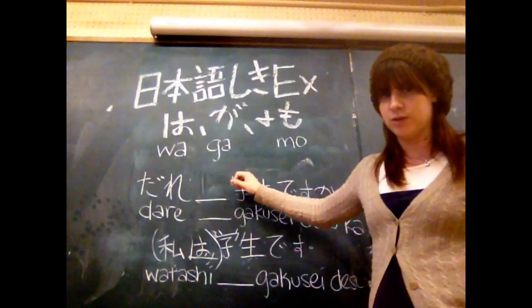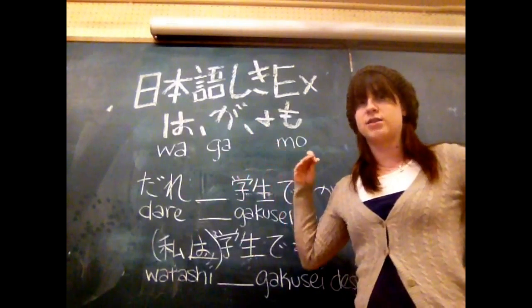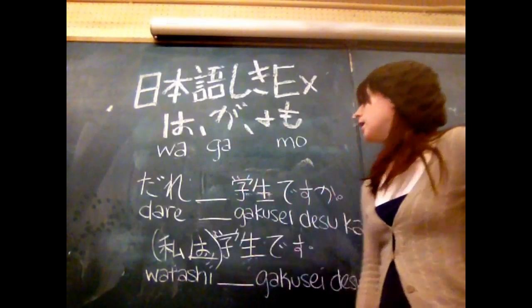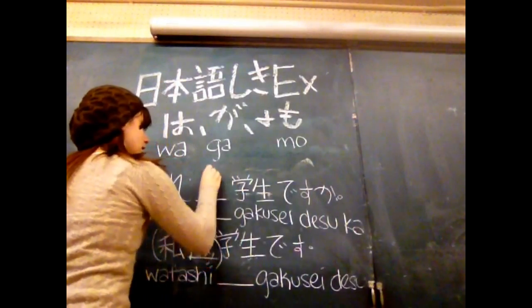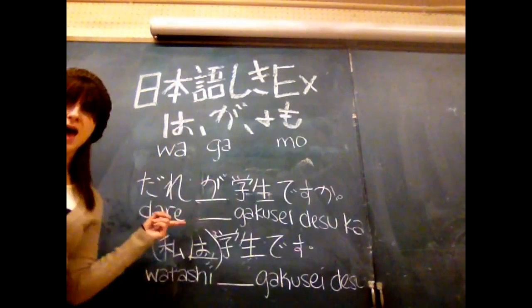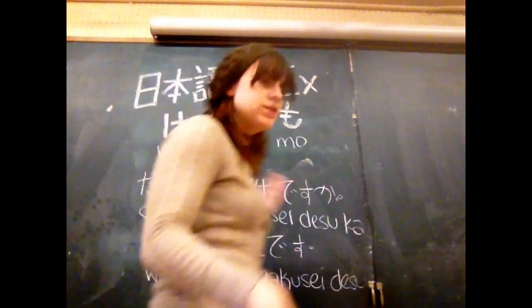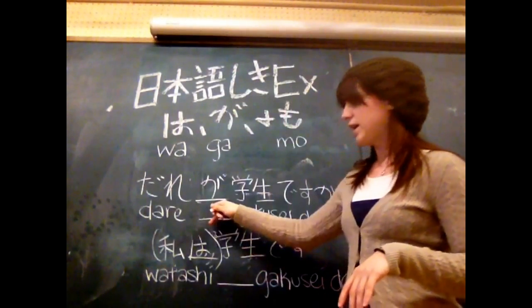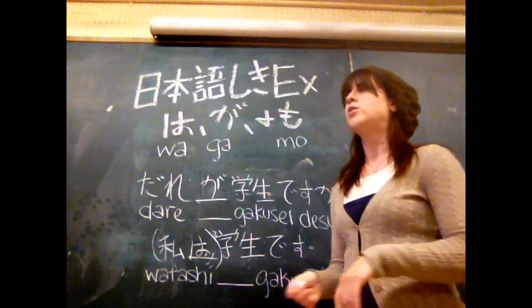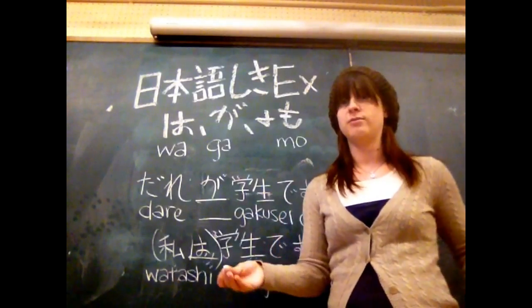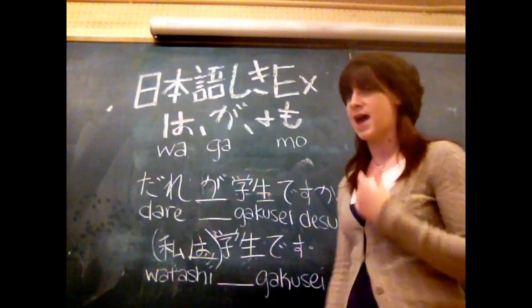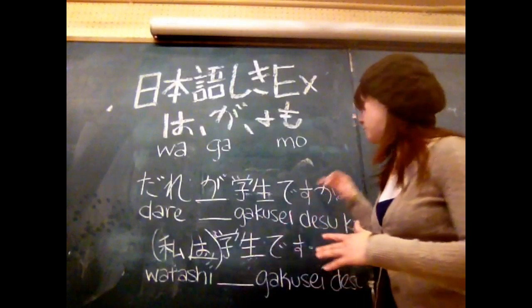Ga is what you use to answer kind of a silent question. As in, if we're asking a literal question of clarification, we'd use dare ga gakusei desu ka? Who is the student? Because it's identifying. We want some sort of information about a subject that we don't have. It doesn't necessarily have to be used in a question.